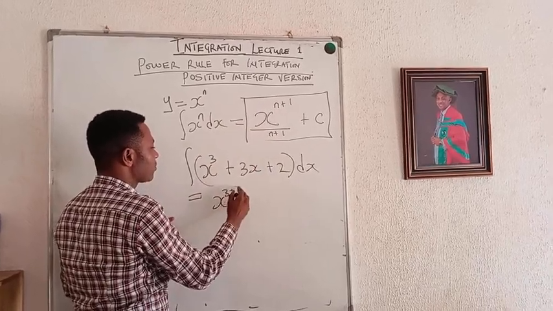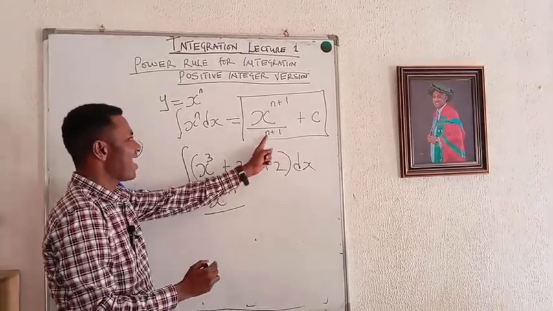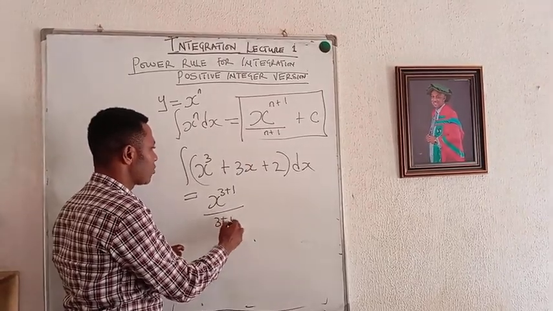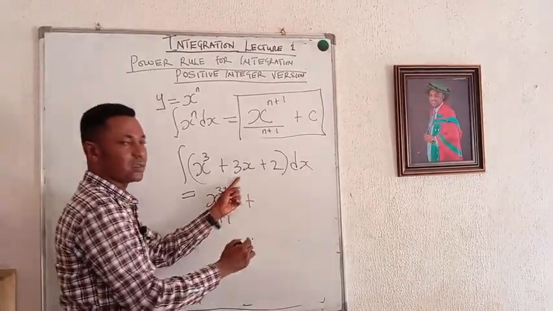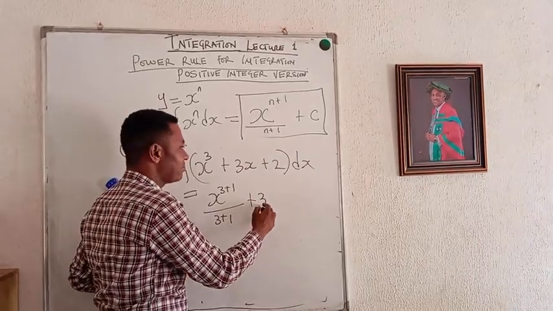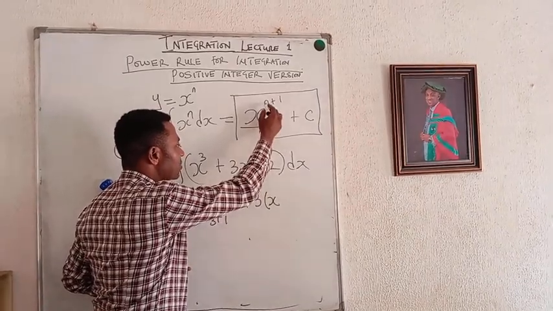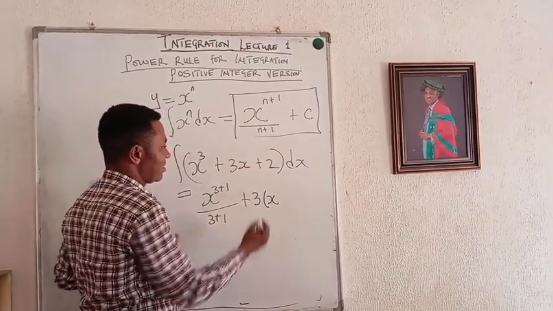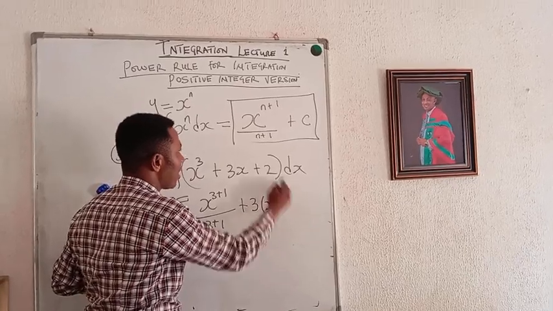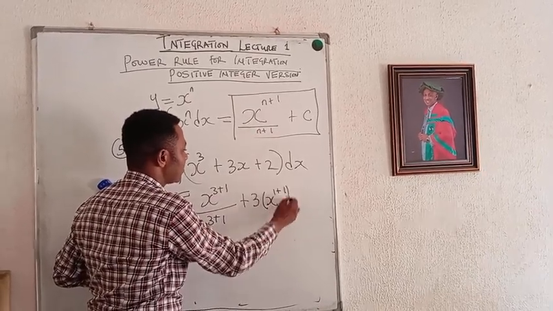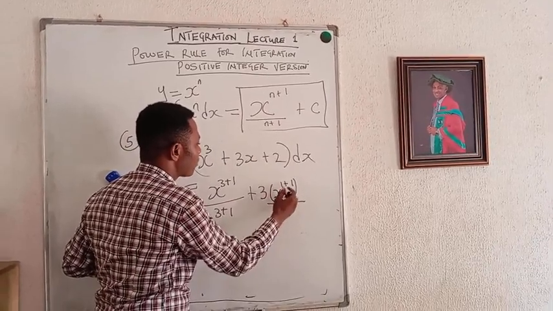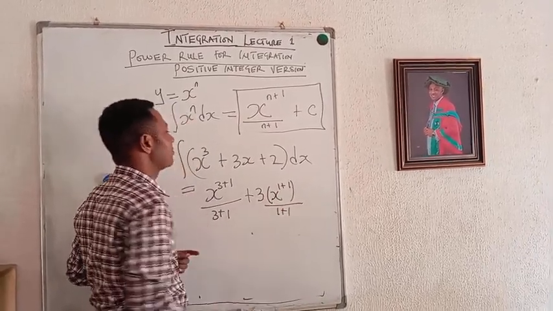So 3 plus 1 all over n plus 1, which is 3 plus 1, plus 3 is just a constant there. Then x, let me do it this way. The power is 1, so it will be 1 plus 1 all over n plus 1, which is 1 plus 1.